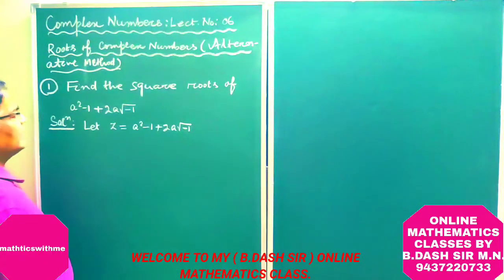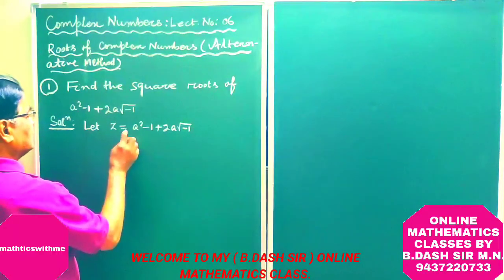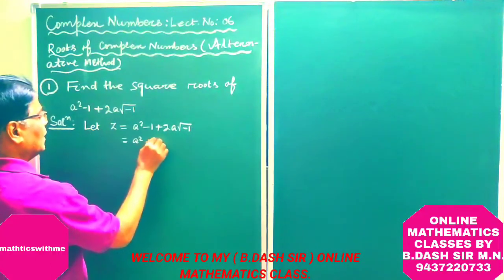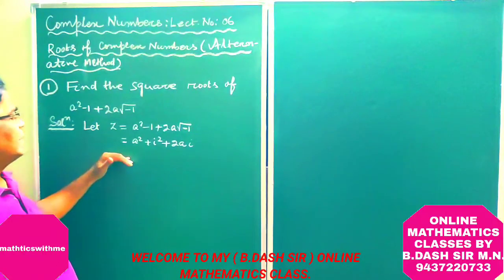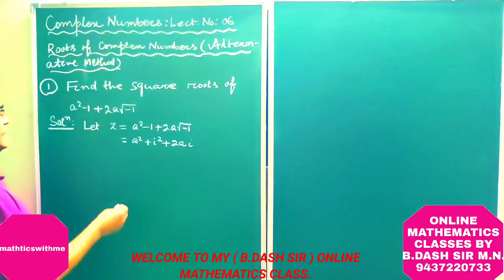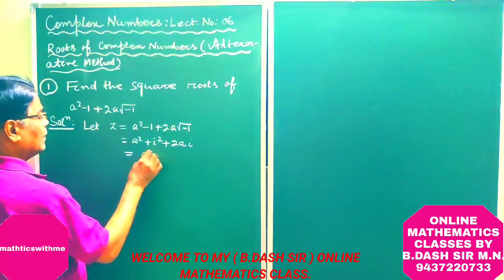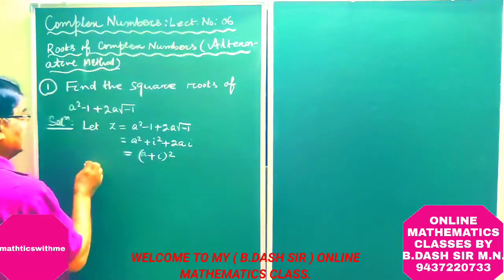So let z = a² − 1 + 2a√−1. We can write this as a² + i², because I can write z = a² + i² + 2ai, which equals (a + i)².